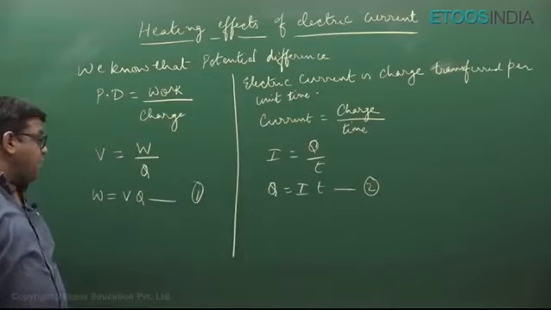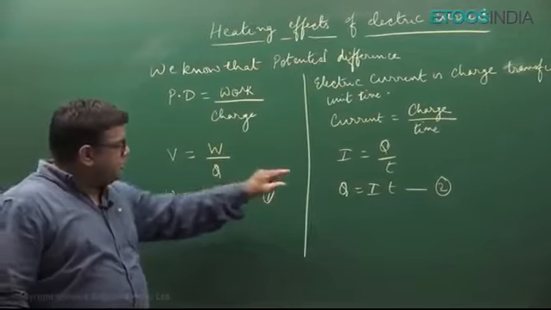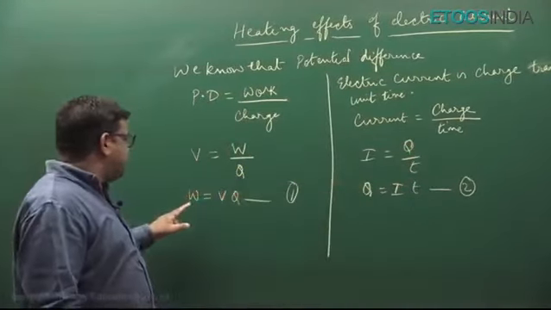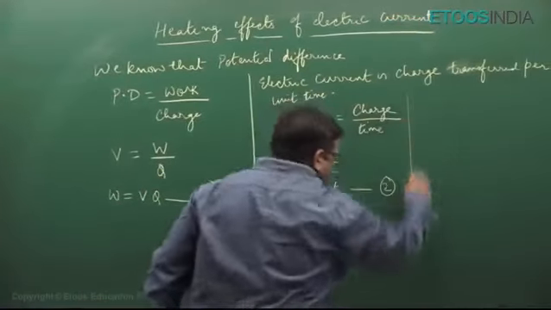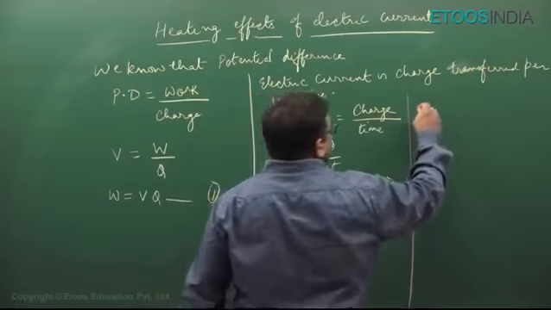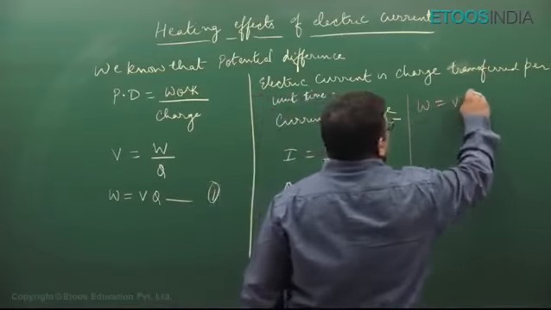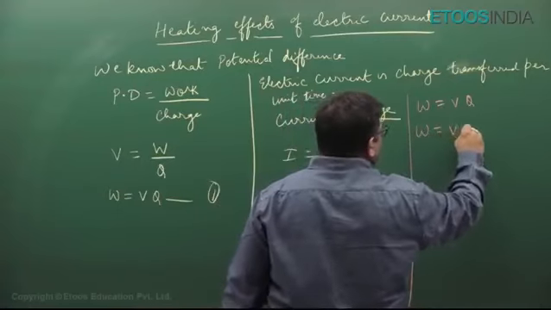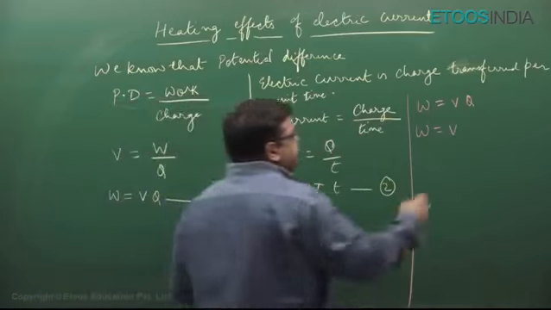Now, I can simply put the value of Q from equation 2 into equation 1. So, let's see what has happened. W is equal to VQ, or W is equal to V, and instead of Q I can write IT.